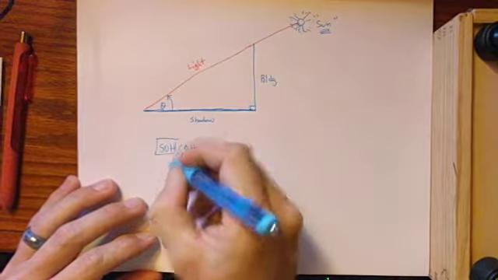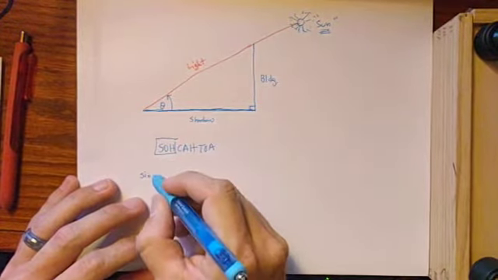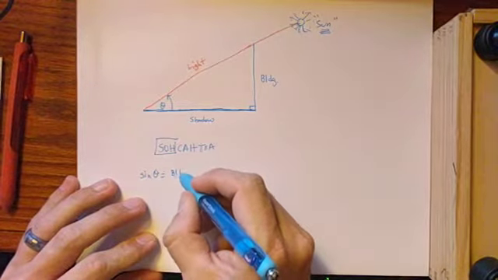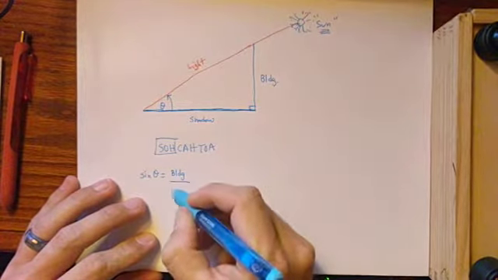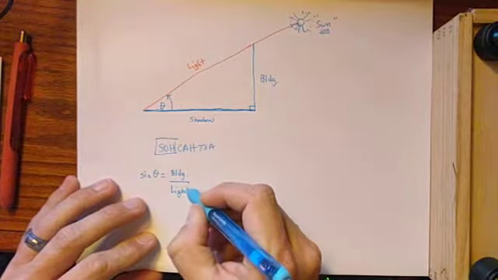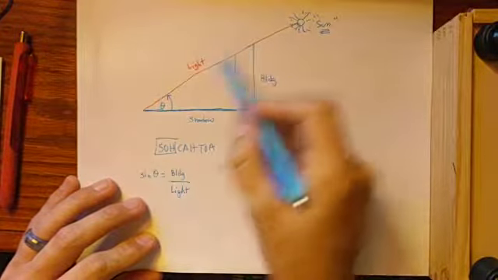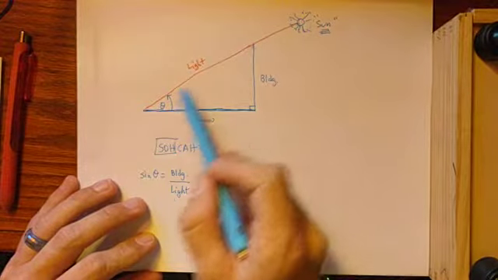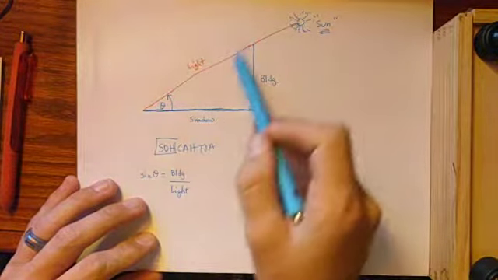So the sine of theta would be the opposite side, which is the height of the building, over the ray of light, which again, we have no idea how long this ray of light is, or how long a piece of string would be from the top of the building to the edge of the shadow. That's almost never going to happen.